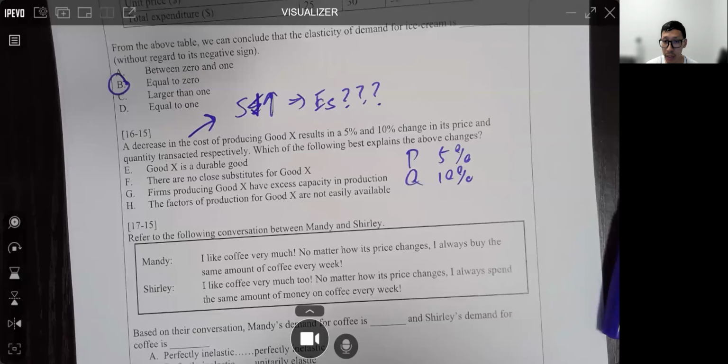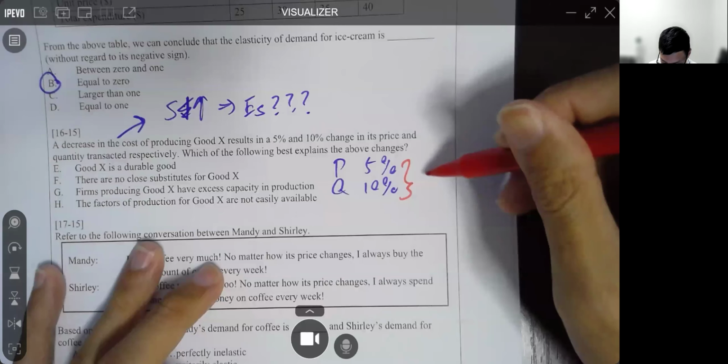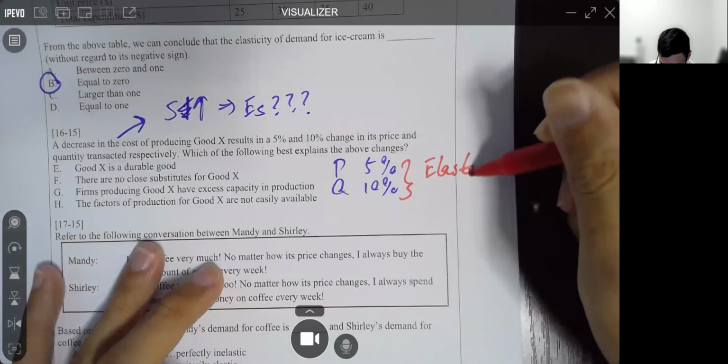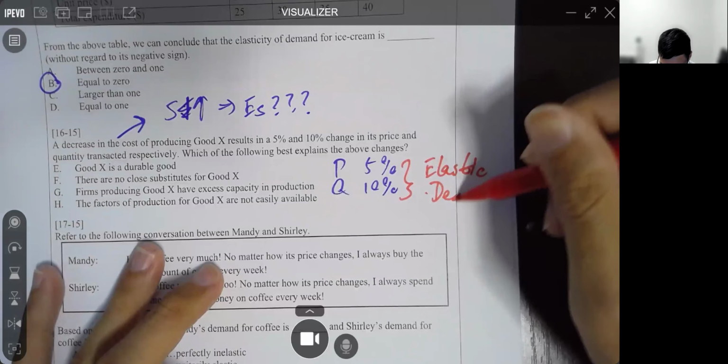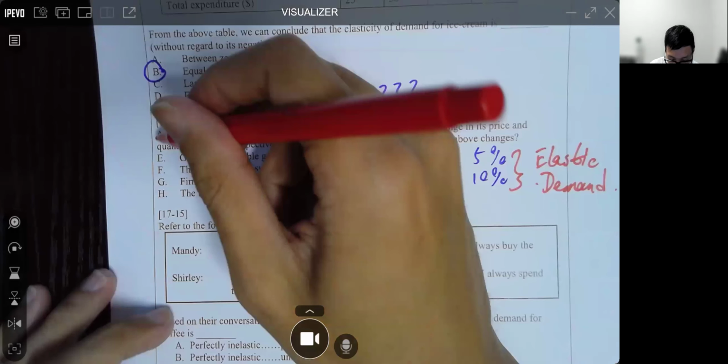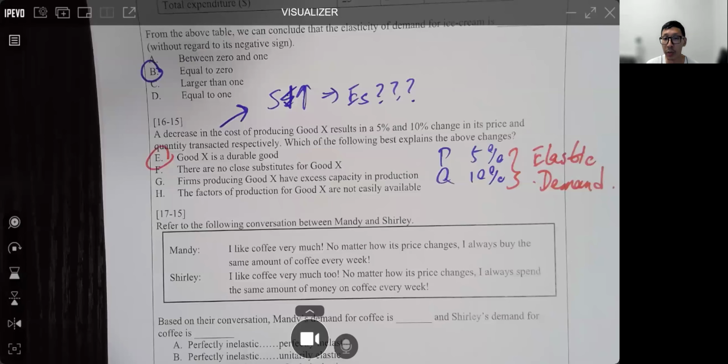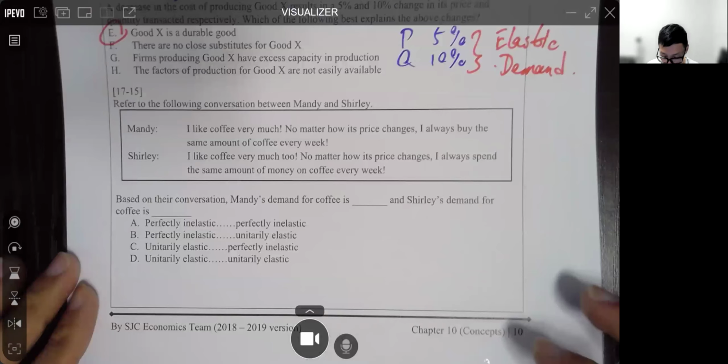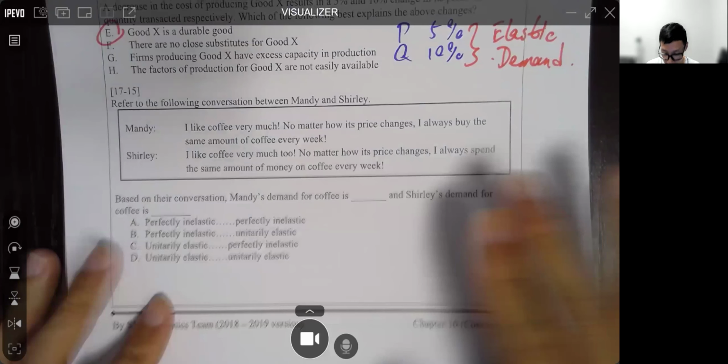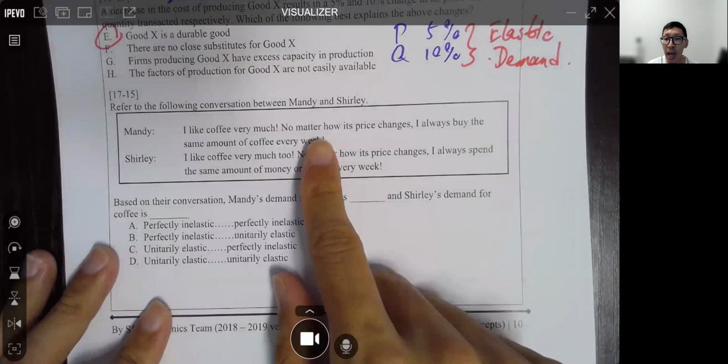We can conclude that this is elastic demand. 呢條好似做過啦喎。Yes, answer durable goods. 原來做過啦呢條，唔記得咗添。好嘛，嗱，what about next one?